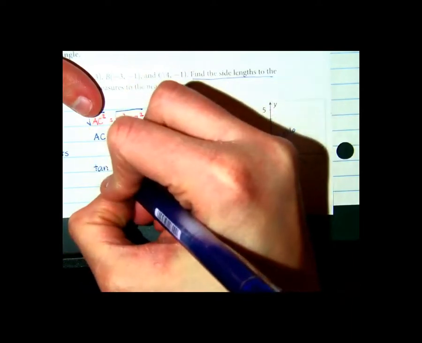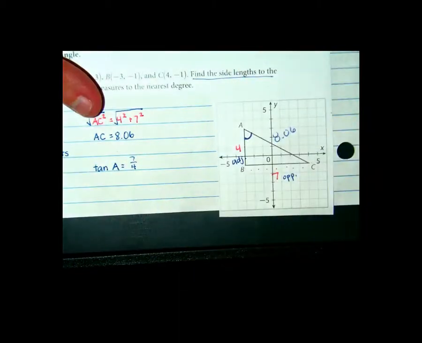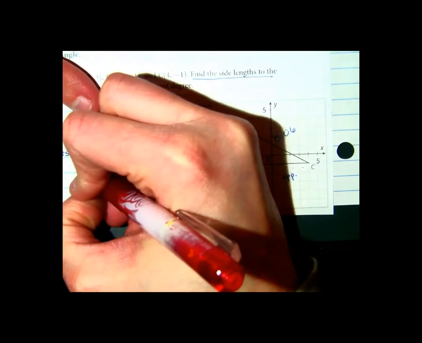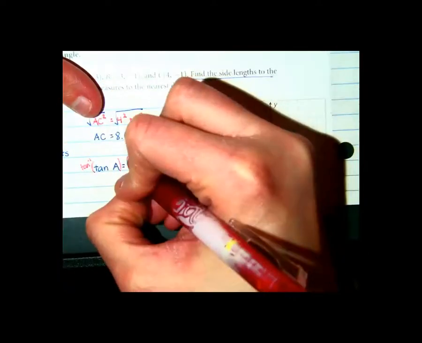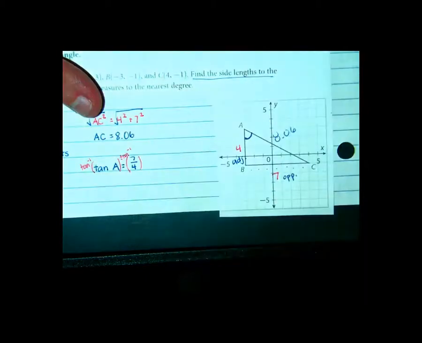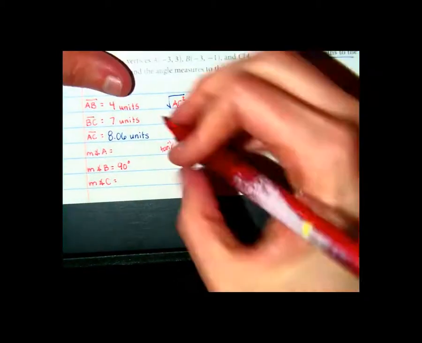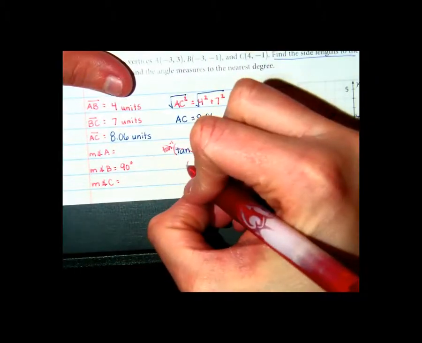We say tangent of A equals what value? 7 over 4 because it's opposite over adjacent. Then we're going to use tangent inverse when we're looking for degrees. So in your calculator, you're going to type in the tangent inverse of 7 over 4. That will tell you what A is.